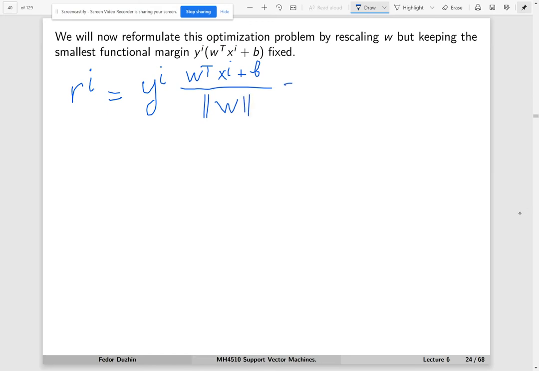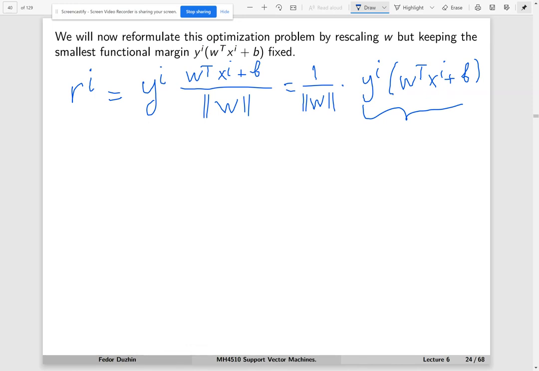So this is 1 over the norm of w times y_i (w^T x_i plus b). Now this is our functional margin.